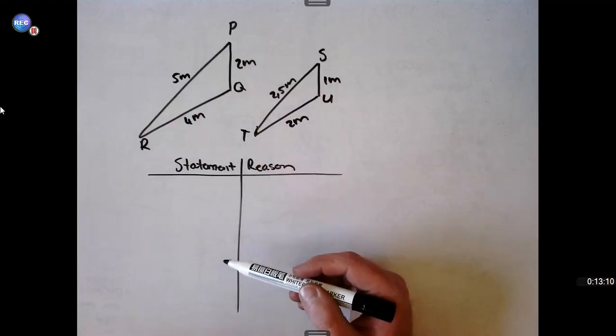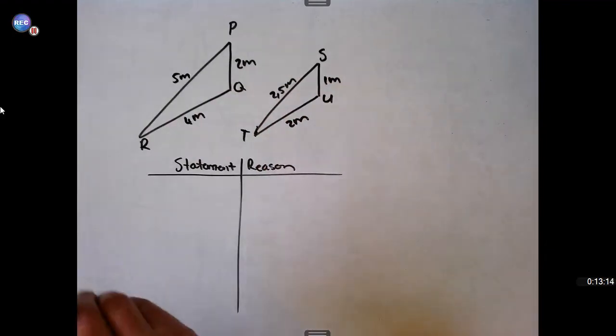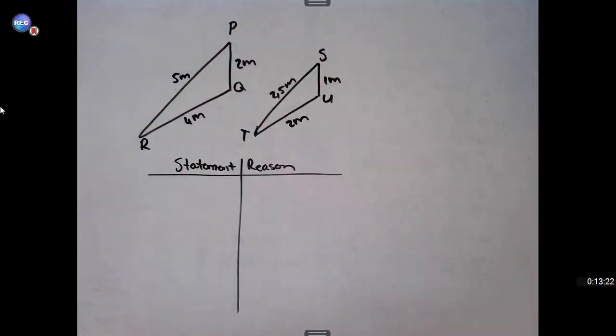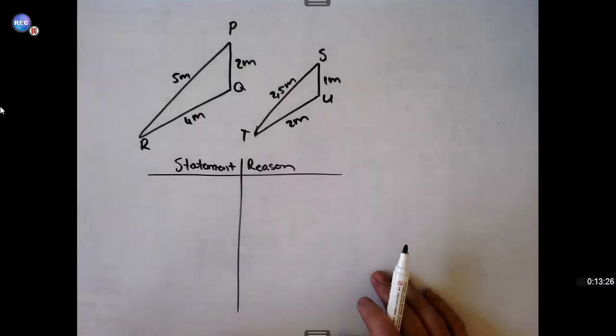Okay, and if you do that, you must understand then that the triangle has either been enlarged or reduced by a scale factor of whatever your ratio gives you. Okay, so how it normally works is we take the first triangle and divide it by the second triangle.